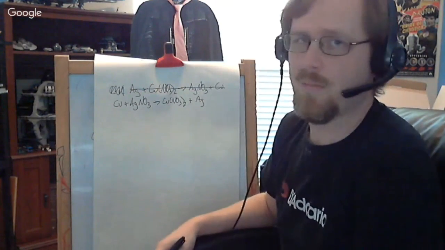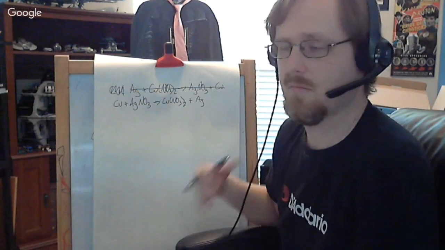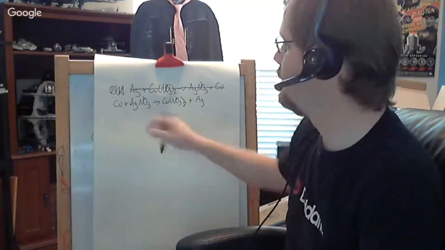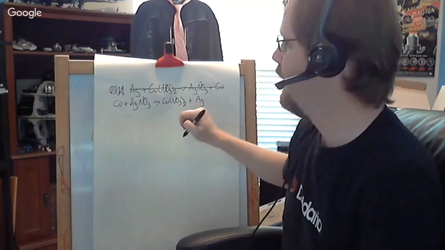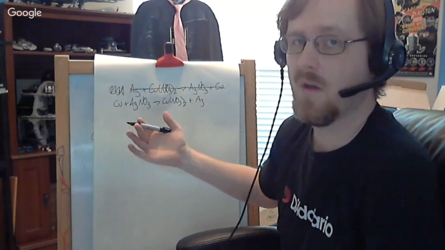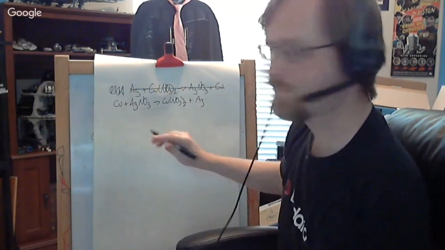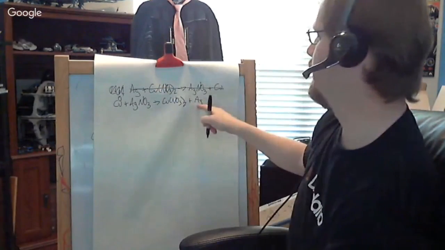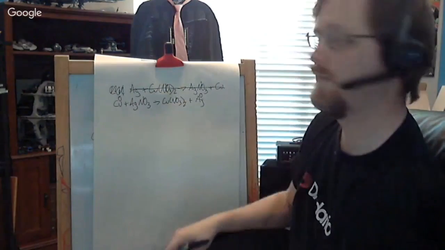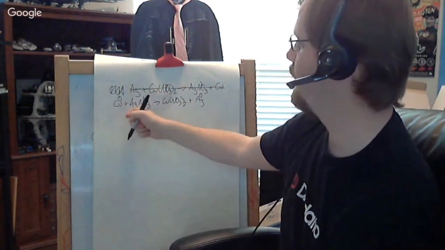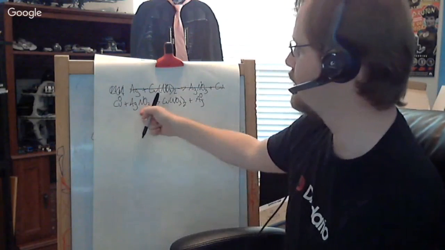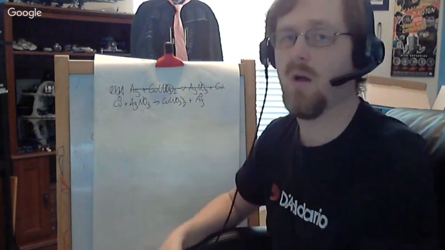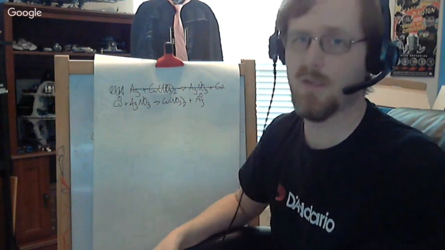We can balance it if we want, but balancing doesn't change the way we identify what's reduced and what's oxidized. Okay, so what I'm going to do is look at the oxidation numbers, or basically the charges, of all of the elements here. Copper is an element, so it has a charge of 0. Silver is an element, so that also has a charge of 0. When we look at silver nitrate, nitrate is the polyatomic ion NO3, which is on the backside of the periodic table, which you will be allowed to use.